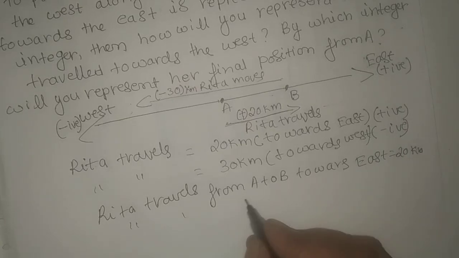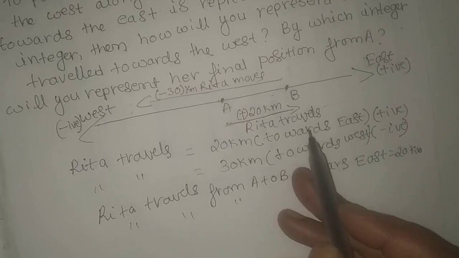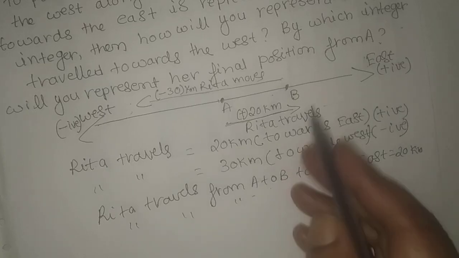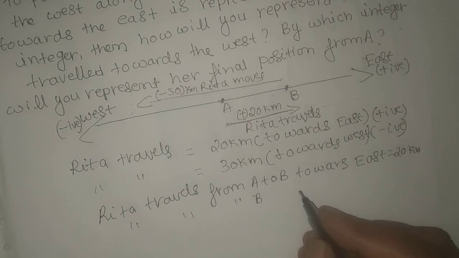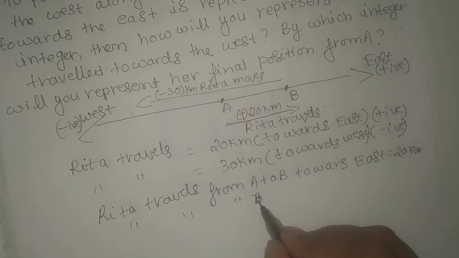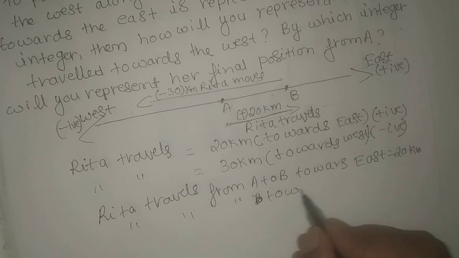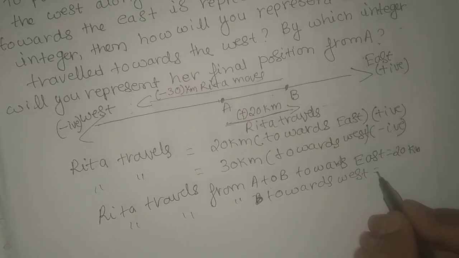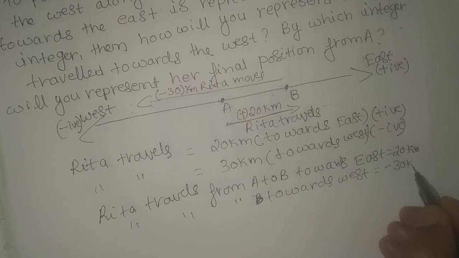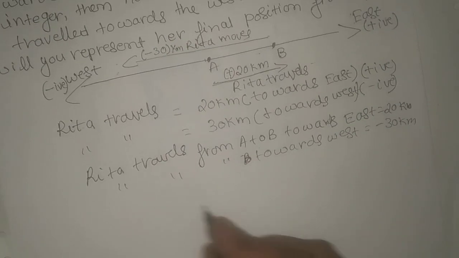Then Rita travels from B towards west, equal to minus 30 kilometers. Now we have to add both.